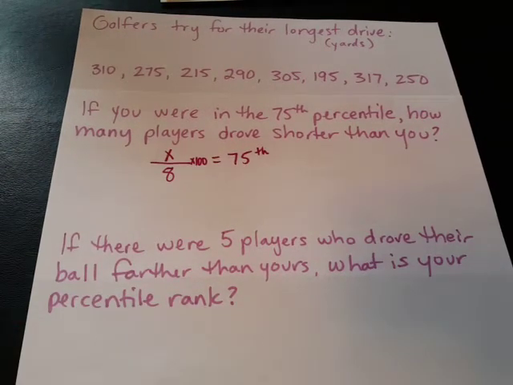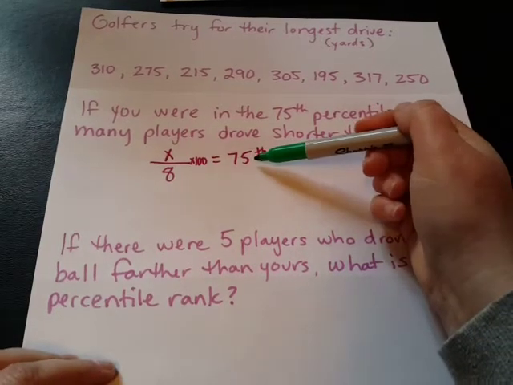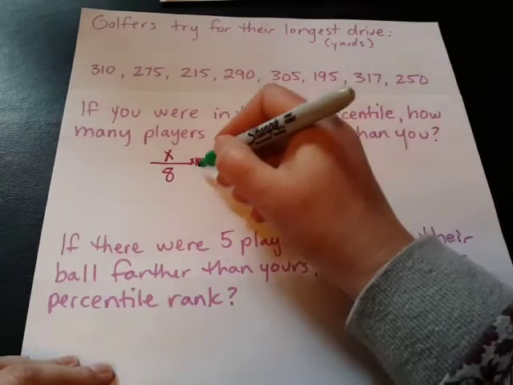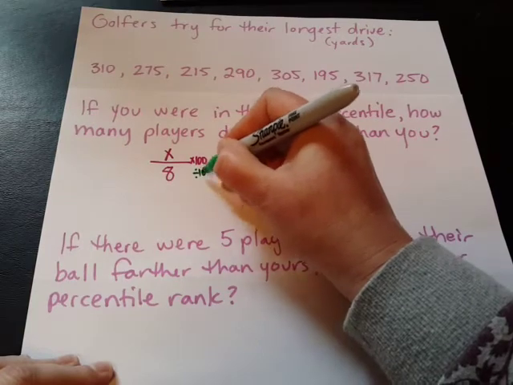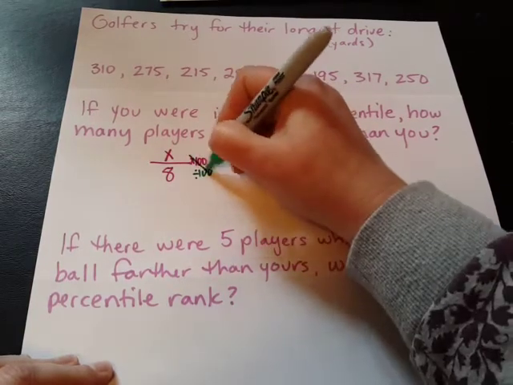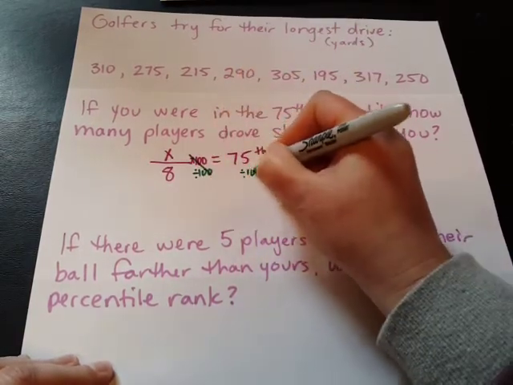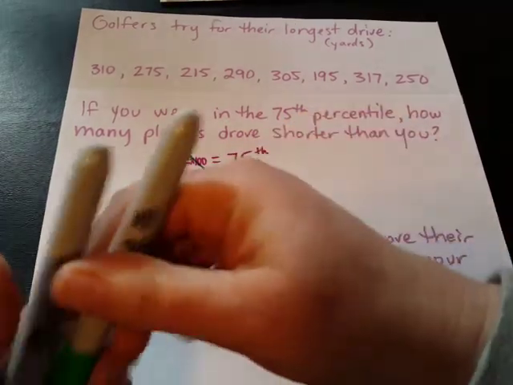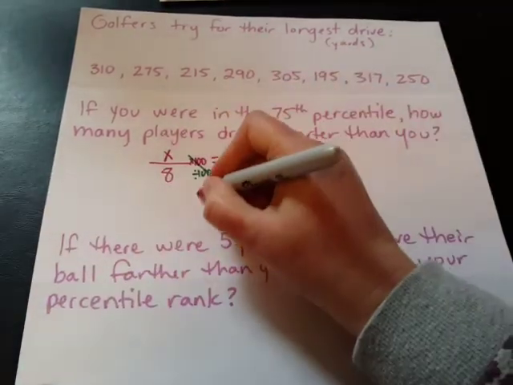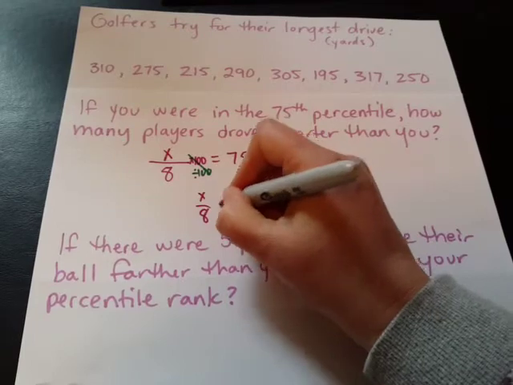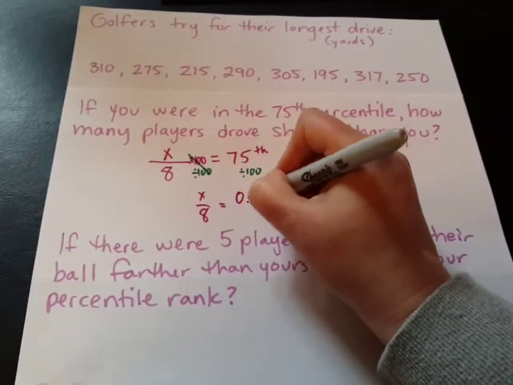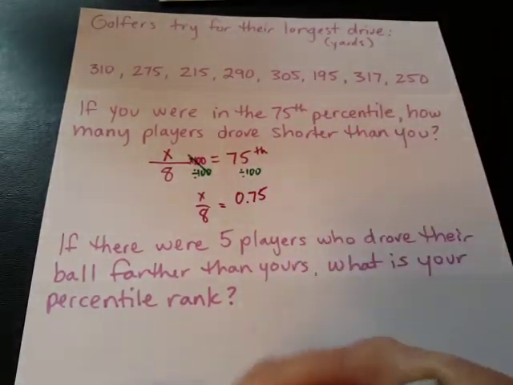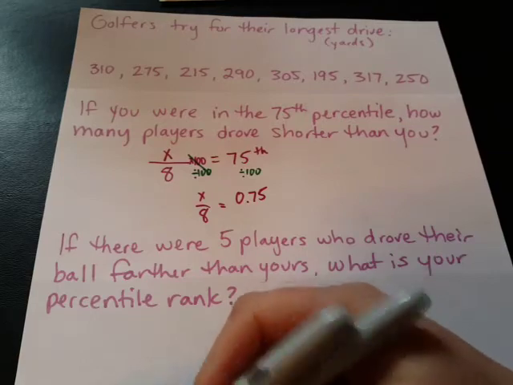So we're trying to get X by itself. So first of all, we have to take that percentile and bring it back into its decimal form. So we'll do the opposite of times by 100. We'll do divide by 100. And then we're going to get x by itself.